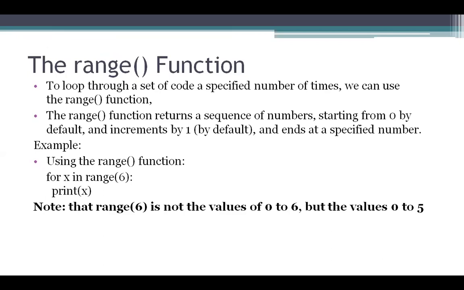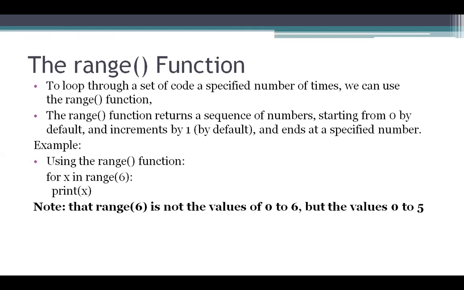Then we have used the range function. Range has three parameters, and only the compulsory parameter we must provide; the other two are optional. One is the initial value. The second one is the range, till what value we want the loop to execute.